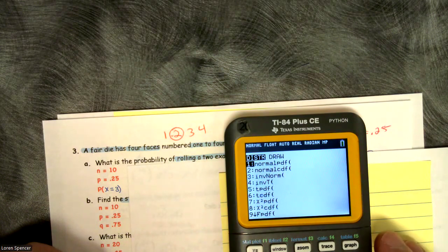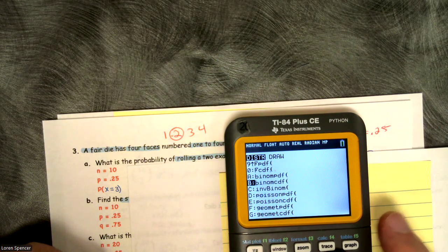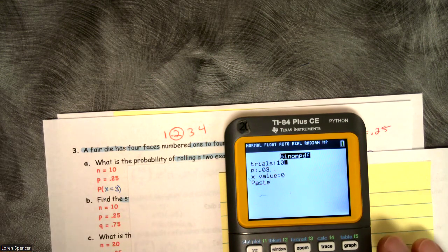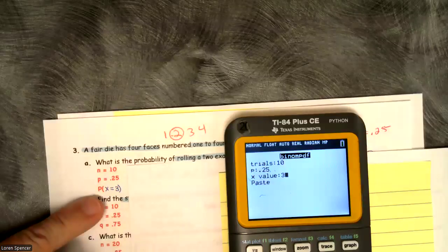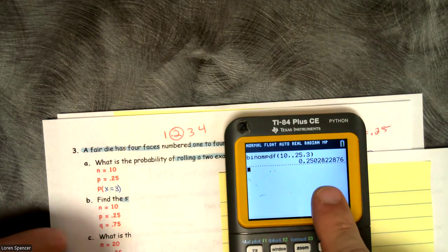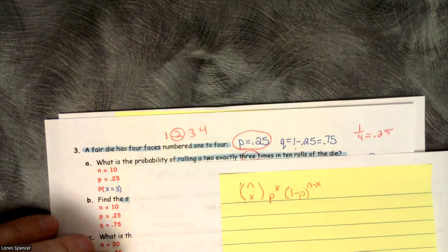So second vars, binomial PDF, trials 10, probability of getting a 2, 1 divided by 4, which I could have just put in as 0.25. And my X value, I want 3 successes. And I get 0.25028. There's my calculator commands.